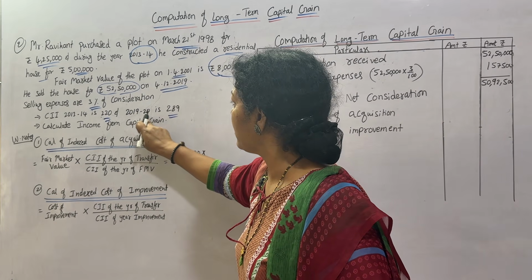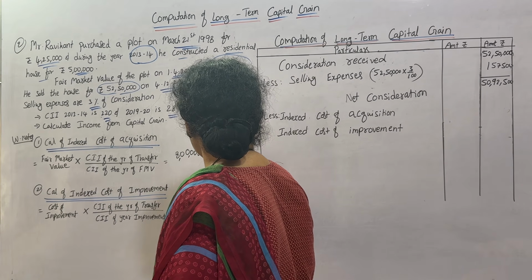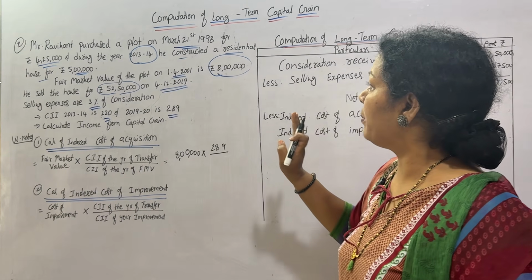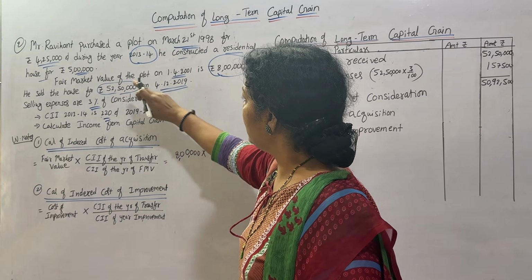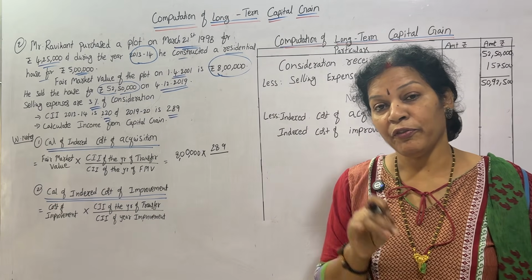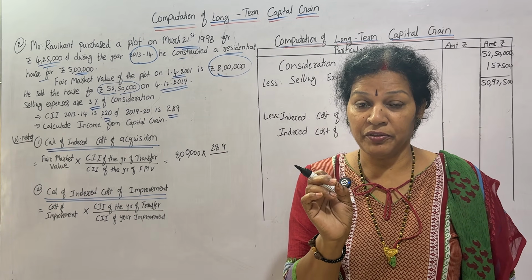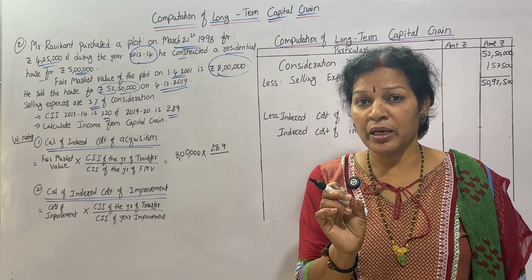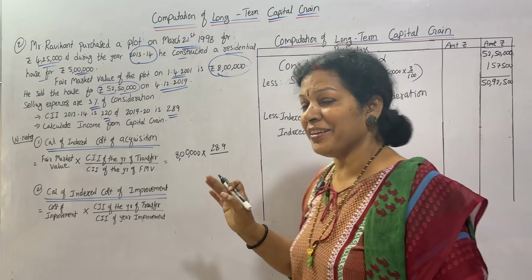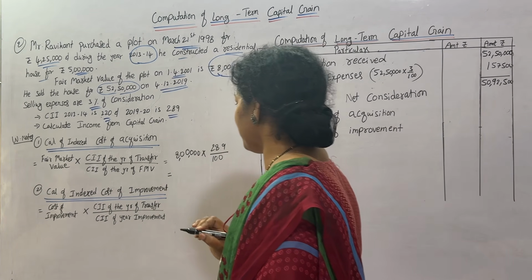He sold it in 2019, so that value is 289, divided by CII of the year of fair market value. It was on 1/4/2001, which means the beginning, since the index started with 2001. Need not be mentioned in the problem; we know it was 100 only. So 100. We'll calculate this.